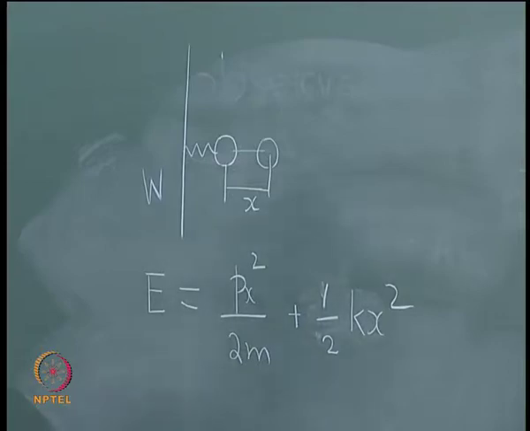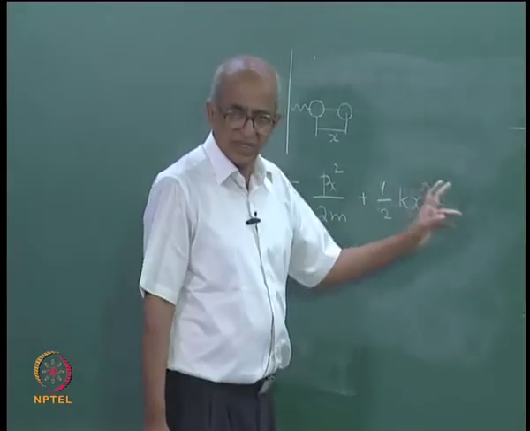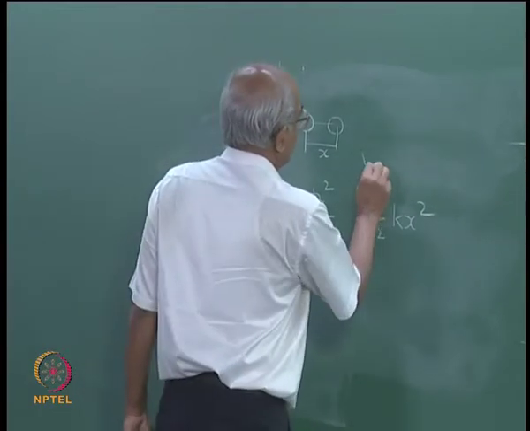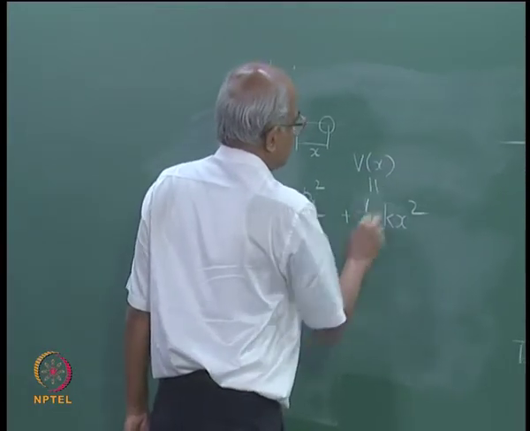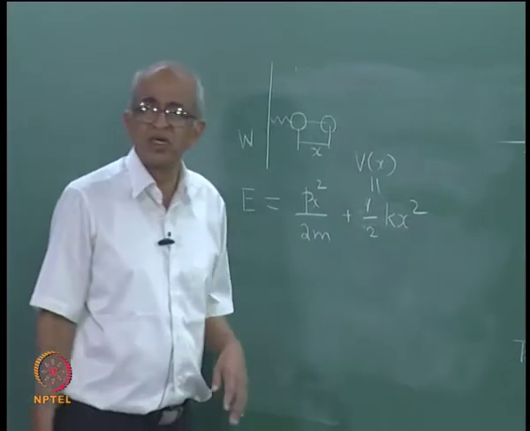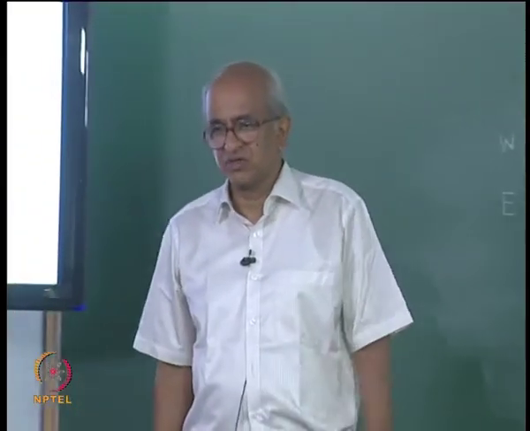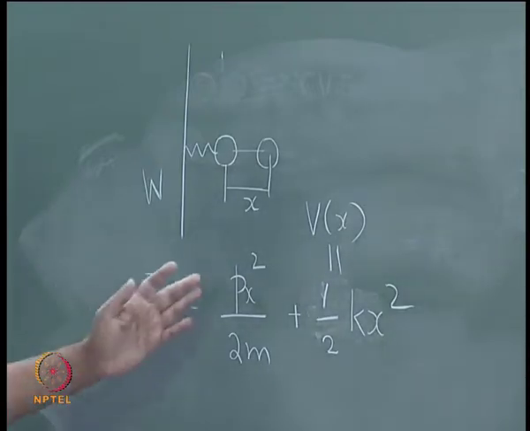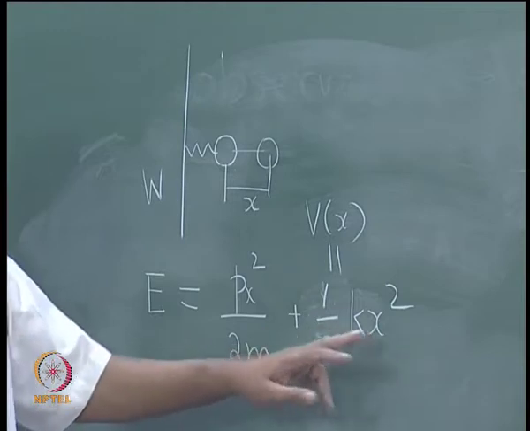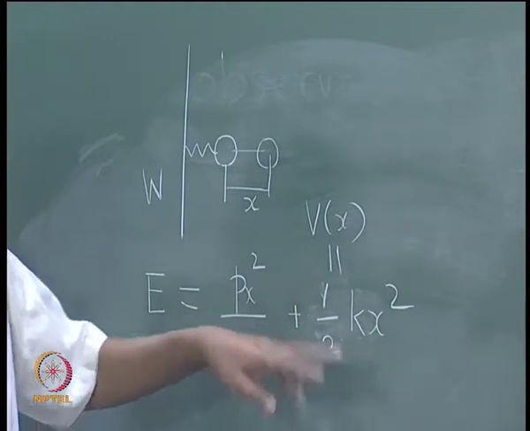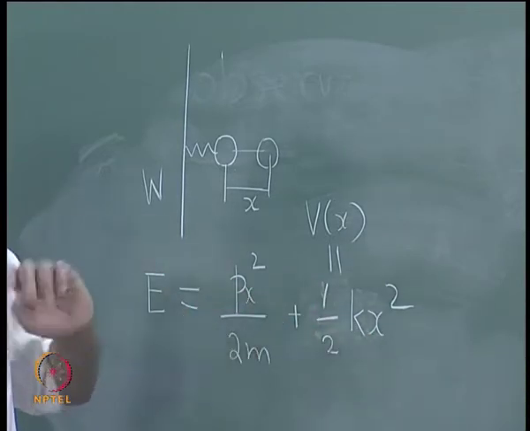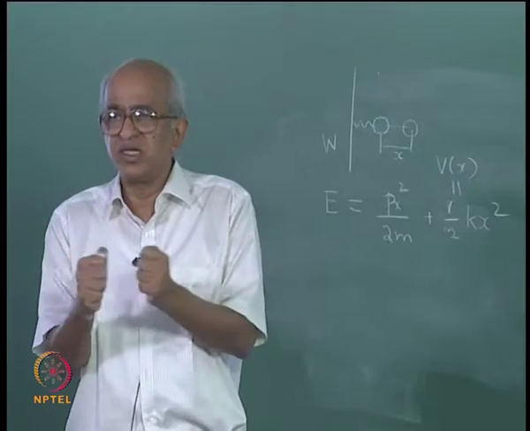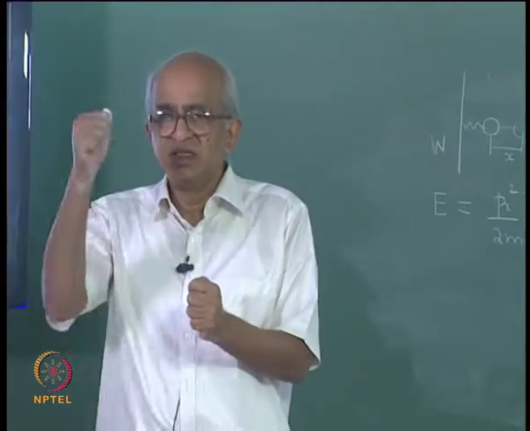We will study this harmonic model in detail later, but let us say that V of x in this case is very well approximated by a quadratic function of x. Then the total energy will be given by p x square by 2 m plus half k x square, where half k x square is the potential energy of the system, k being a constant which essentially characterizes how stiff the bond is between the hydrogen and the tungsten surface.